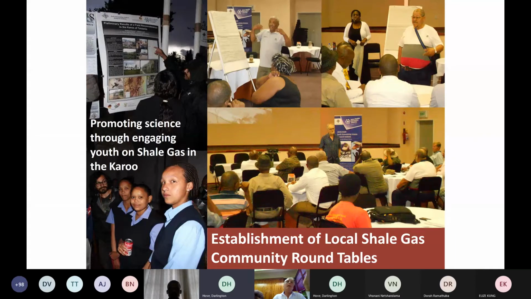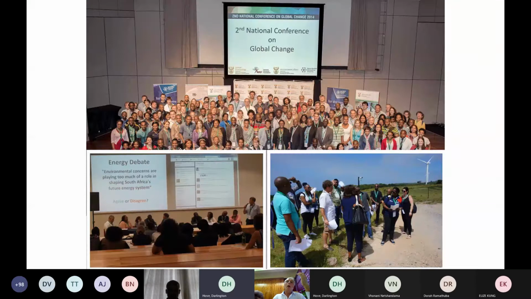And also then promoting science through engaging youth on the shale gas in the Karoo. And then a number of the findings that came from this, these are now the scholarly outputs that go with it, were presented at various conferences, which could be presented, because of course a lot of the stuff was confidential, the findings of these studies that were done.